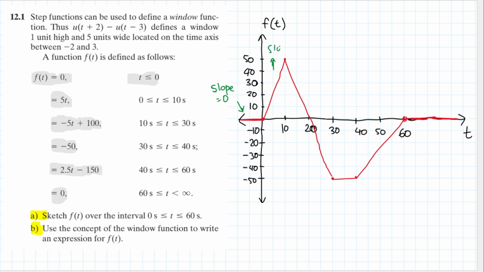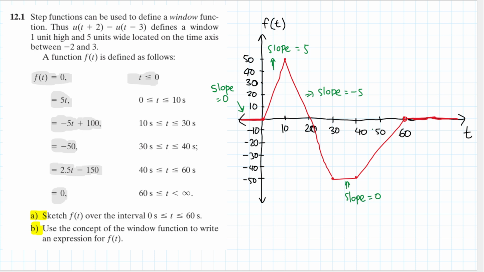When it turns back here, the slope of this line is minus 5. Then this part we have the slope 0 because it is a horizontal line.